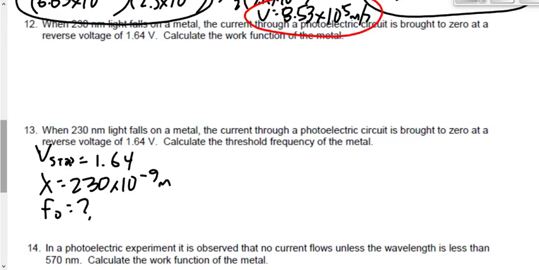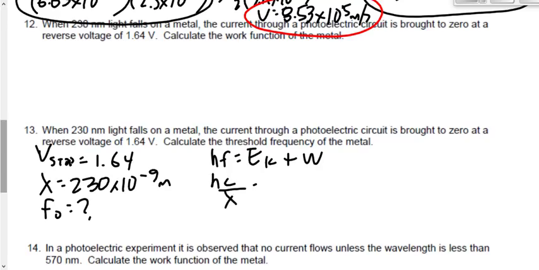Anybody got an equation? I'm waiting. I don't have one, so what are we going to go with? Spencer, which one are we going to go with if we don't have an equation after 20 seconds? Okay, so we don't have F, so let's replace HF with HC over lambda.